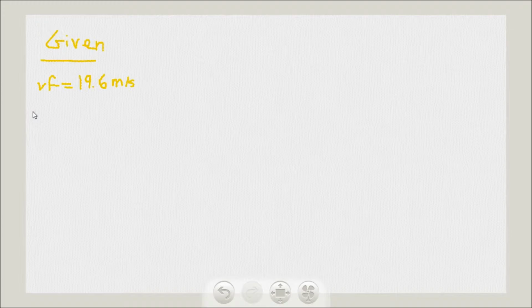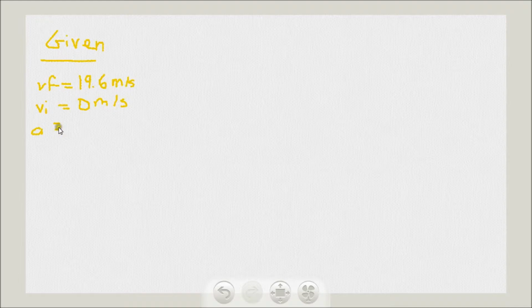And then we also know the initial velocity. Because it fell from a window, the initial velocity was zero, there was no velocity before it fell. So the initial velocity is equal to 0 meters per second. And we also know the acceleration.